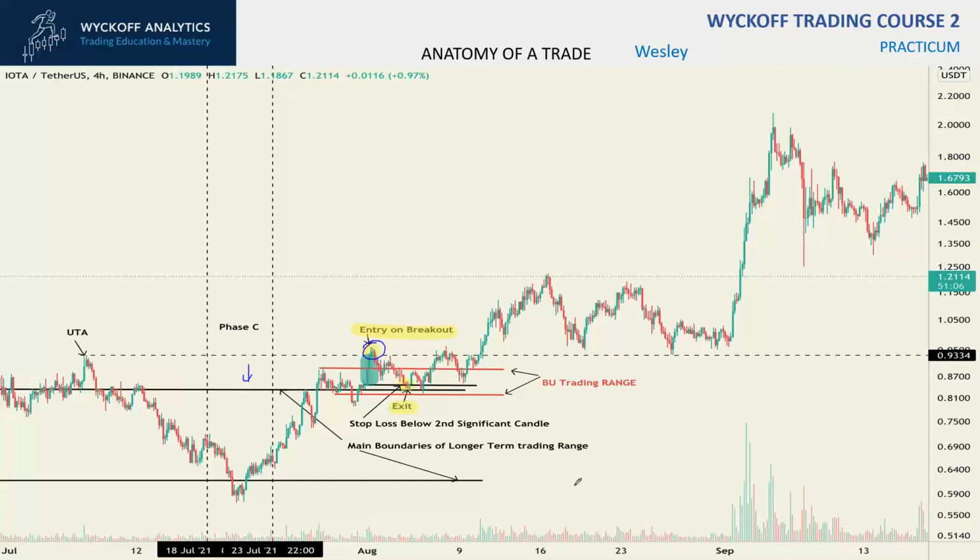And we do see that after this sign of strength rally, there is a slight ability to overcome that, and then it pulls back a little bit.